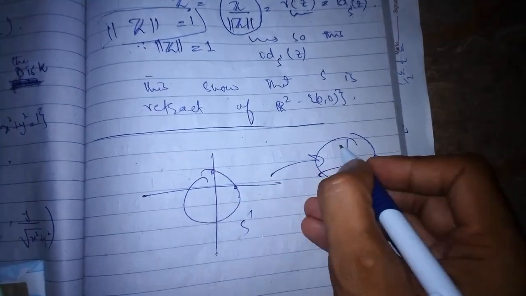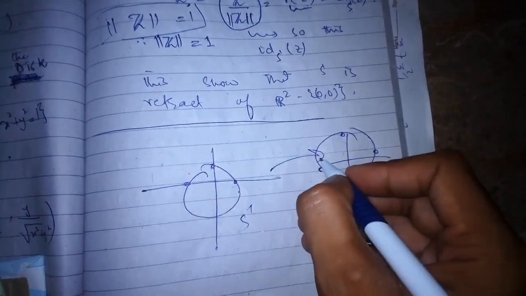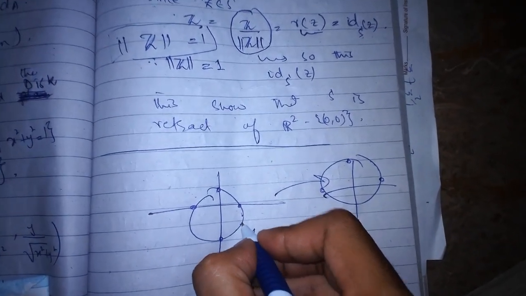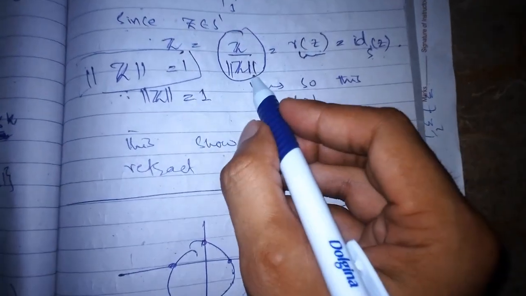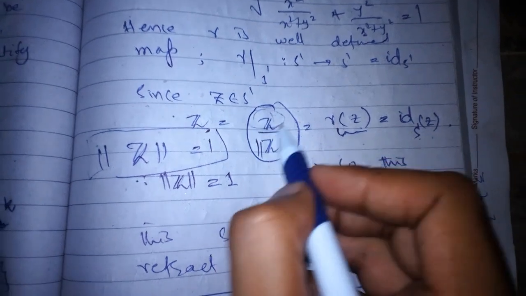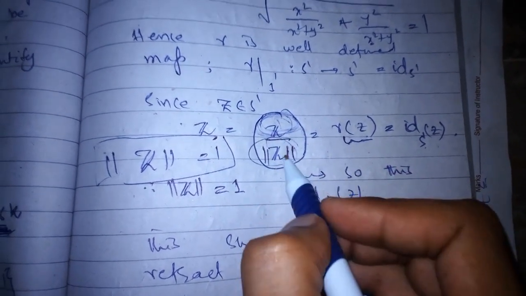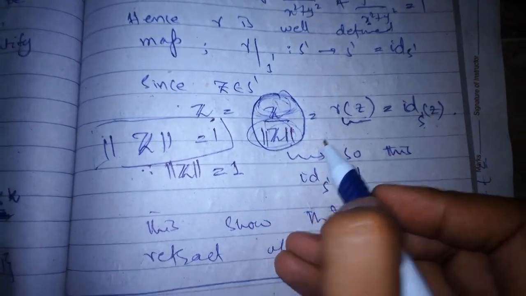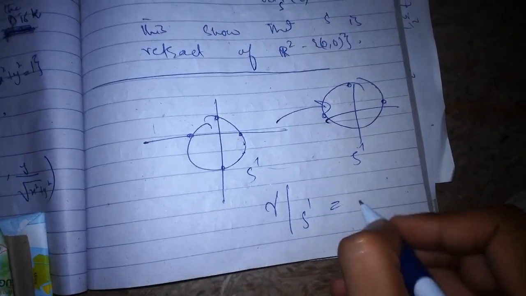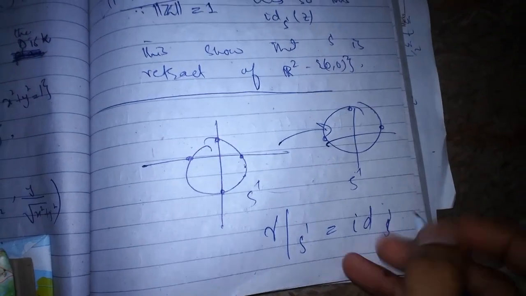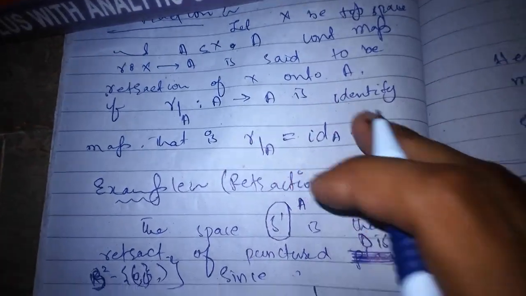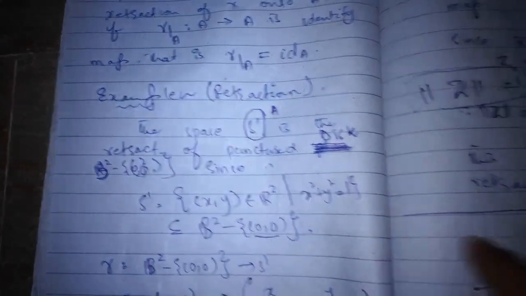If we substitute any point from the input into this function, we will get the same point, because this function is just z, since the norm of z is equal to 1. So R restricted to S1 is equal to the identity map on S1. This is the definition of retraction, and this is one example of a retraction map.